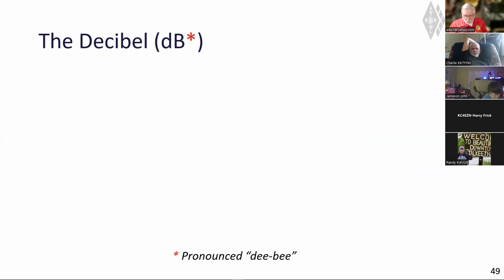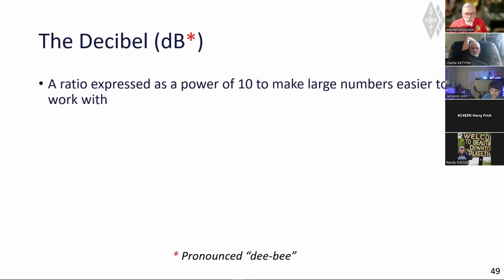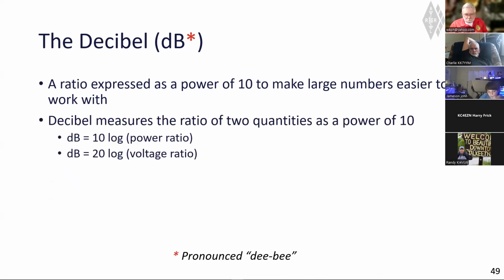Decibels, pronounced dB. A ratio expressed as a power of 10 to make large numbers easier to work with. Decibels are measured in the ratio of two quantities as a power of 10.